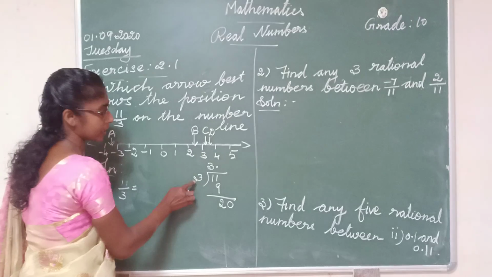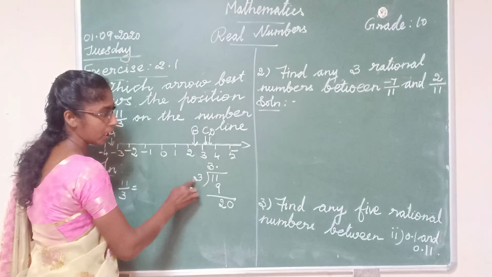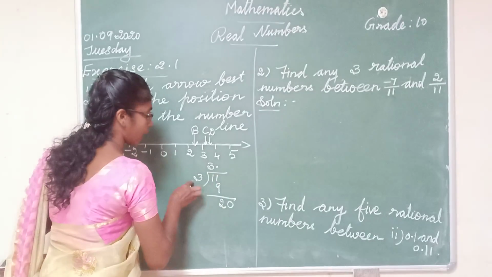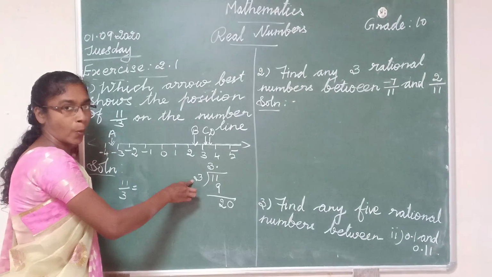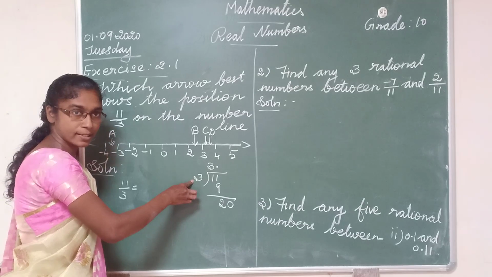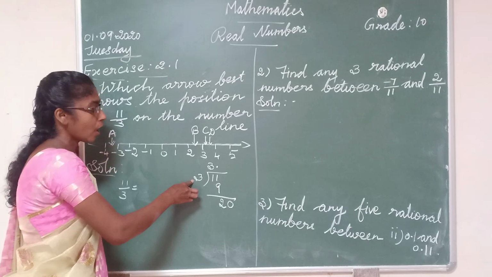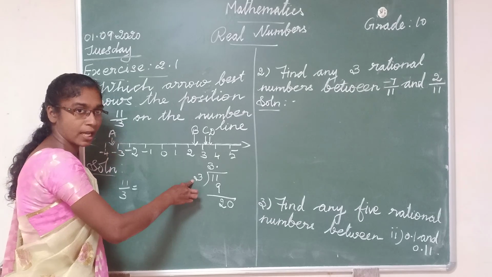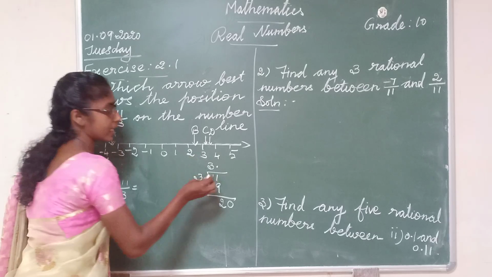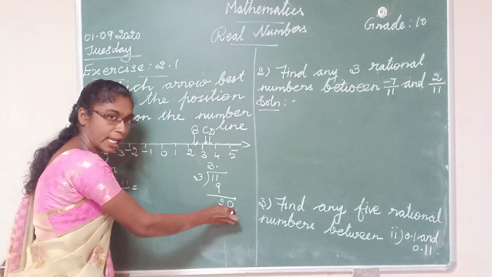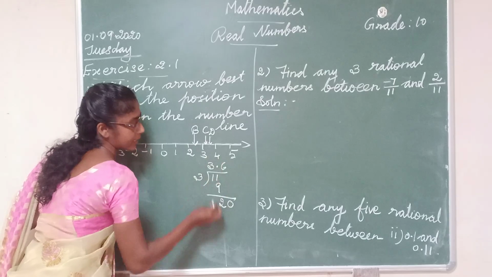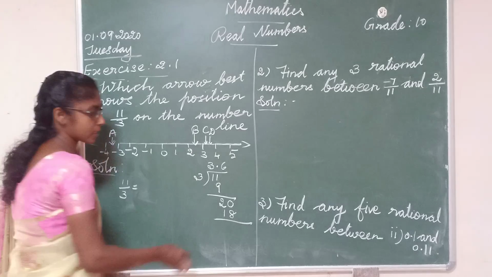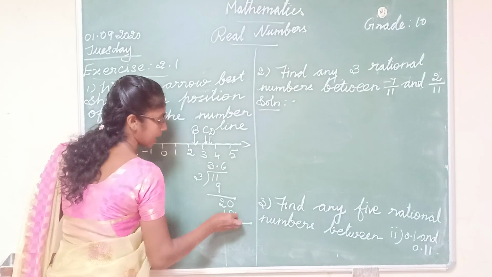Again we want the 3 table, 20 or less than 20: 1 3 is 3, 2 3 are 6, 3 3 are 9, 4 3 are 12, 5 3 are 15, 6 3s are 18, 7 3s are 21, which is greater than 20. So we write 6 3s are 18. Next we subtract 20 minus 18.